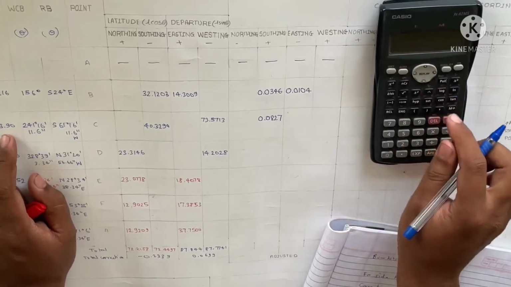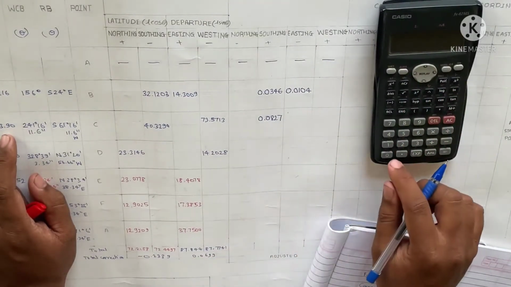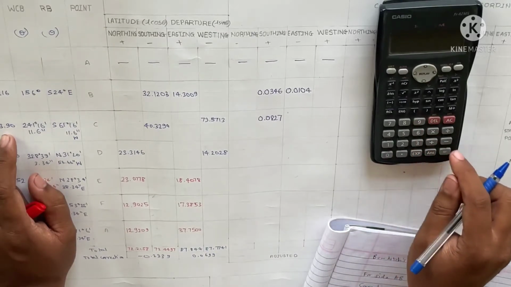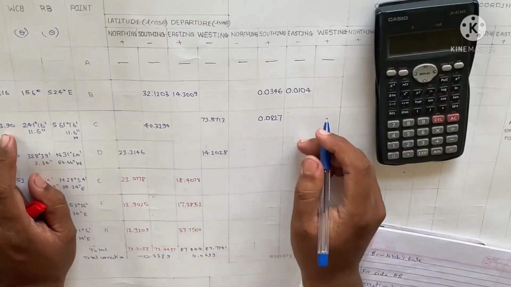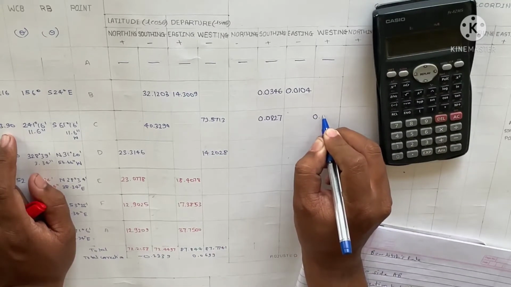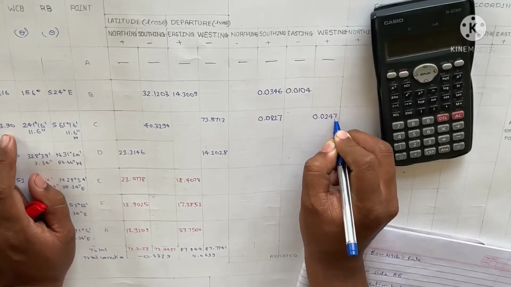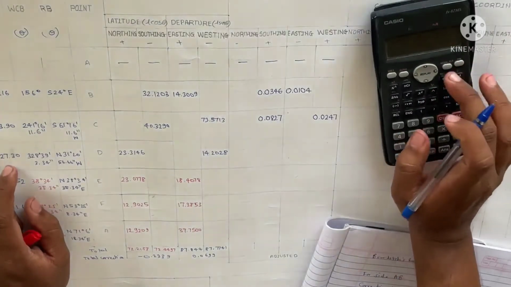Then for the correction for departure, instead of the latitude error we take the departure error 0.0699, so it comes out to be 0.0247. It is westing, so we write it in the westing column, 0.0247.